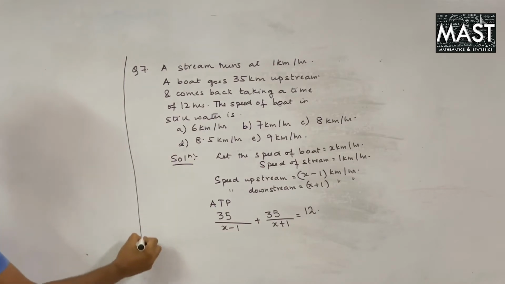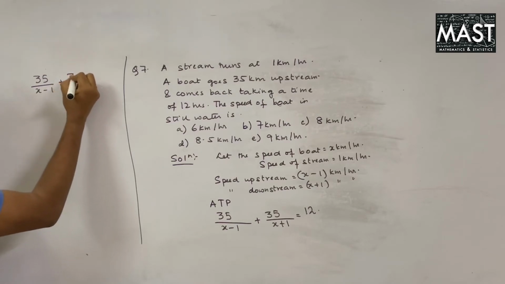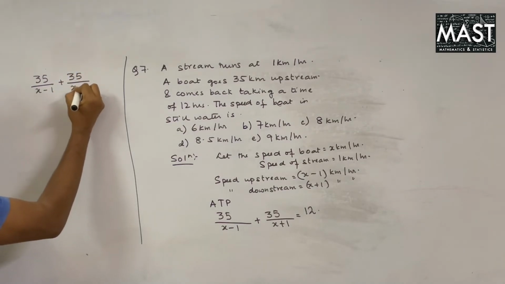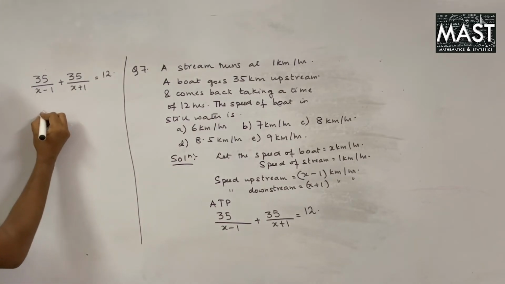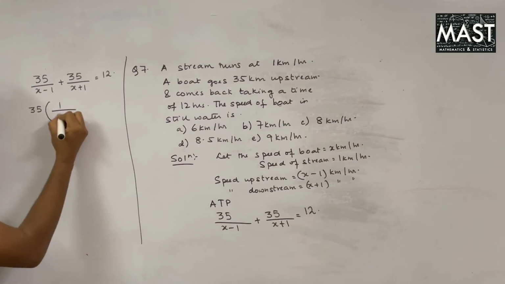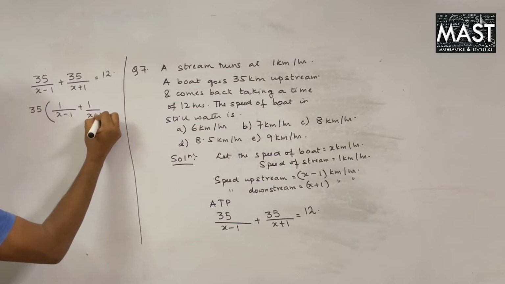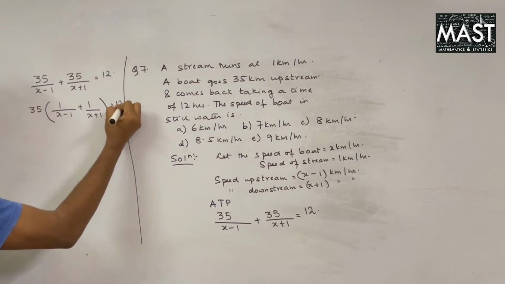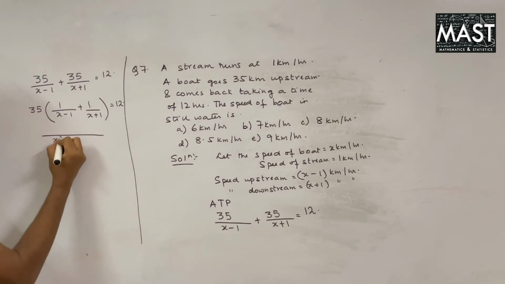So if we now solve it, 35 by x minus 1 plus 35 by x plus 1 equals 12. If I take 35 common from here, 1 by x minus 1 plus 1 by x plus 1 equals 12 by 35. That is, x square minus 1 being my LCM.